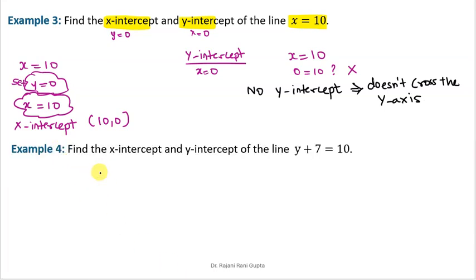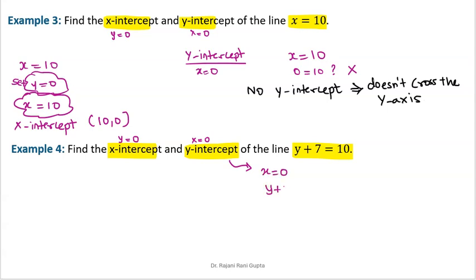Similarly, if they give you an equation which involves only the variable y and they ask you to find both the x and y intercept, how will we work? For the x-intercept, we have to put y equal to 0. So if we substitute y equal to 0, this becomes meaningless. For the y-intercept, on the other hand, we have to put x equal to 0. There is no x.